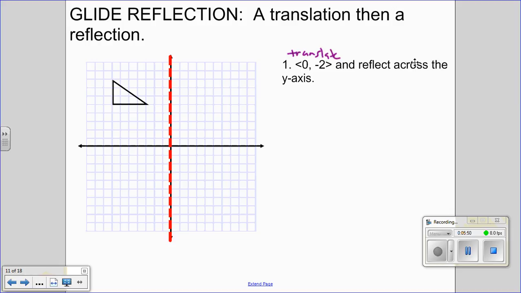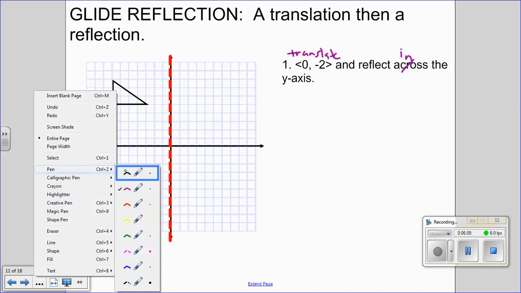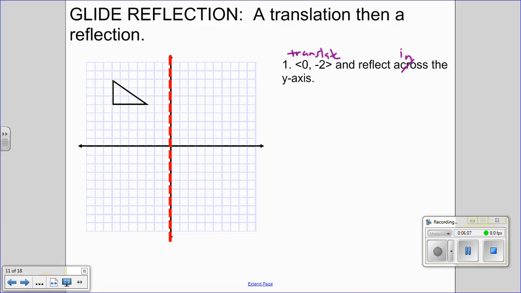Sometimes your textbook or a question might, instead of using the word across, say reflect in. It means the same thing. It's just tomato, tomato. So the first thing I want to do is give each point a letter. So let's say this is A, this is B, and this is C.